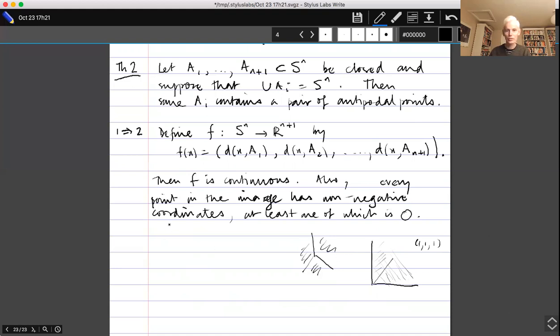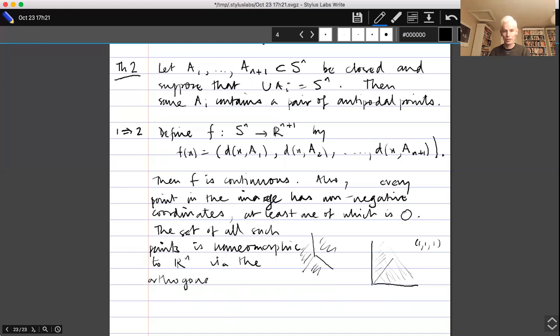And in general, the set of all such points is homeomorphic to Rn via the orthogonal projection.